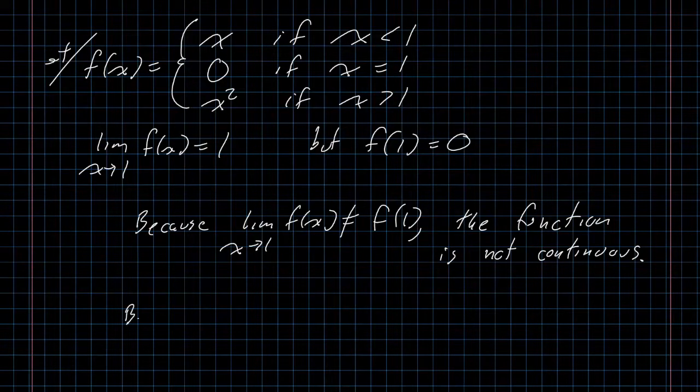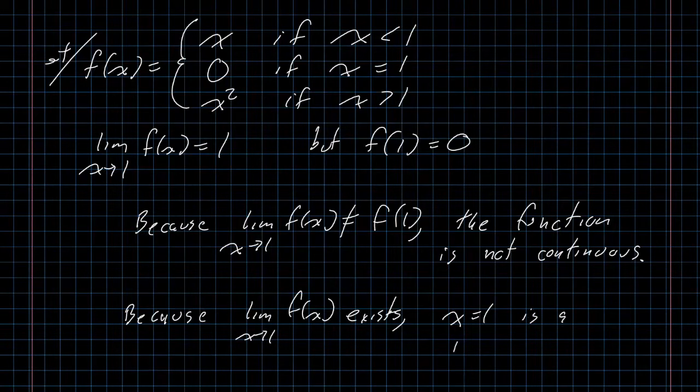But because the limit as x approaches 1 of f of x exists, x equals 1 is a removable discontinuity. All right. So that's what we're talking about with a removable discontinuity.